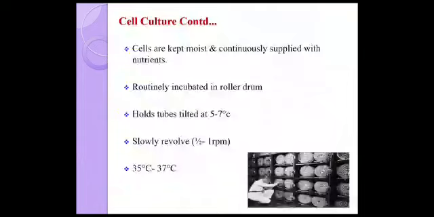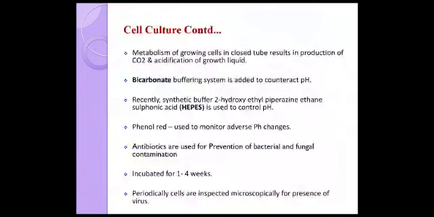These cells, which are dissociated, counted and poured into the bottles, are kept moist and continuously supplied with nutrients. They are routinely incubated in roller drums and holder tubes tilted at 5 to 7 degrees and kept at 37 degrees Celsius.